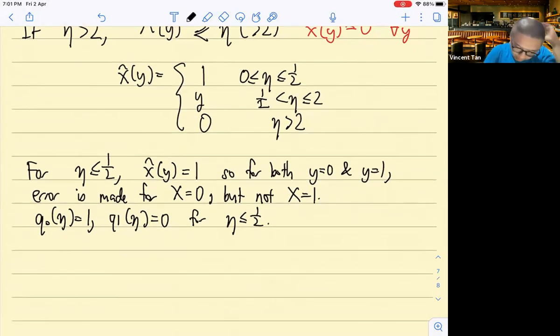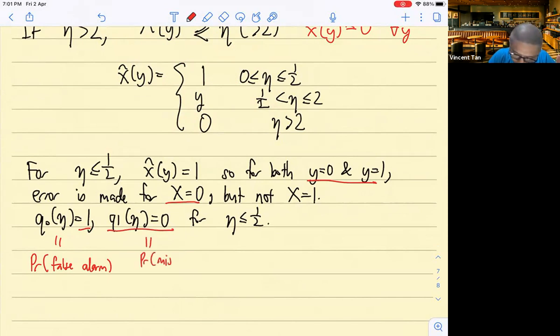Why is that so? Because Q0 is the probability of false alarm. Under the underlying hypothesis x equals 0, we definitely make an error for both y equals 0 and y equals 1, so this is equal to 1. We always declare 1, so the other one is equal to 0. The misdetection is equal to 0.